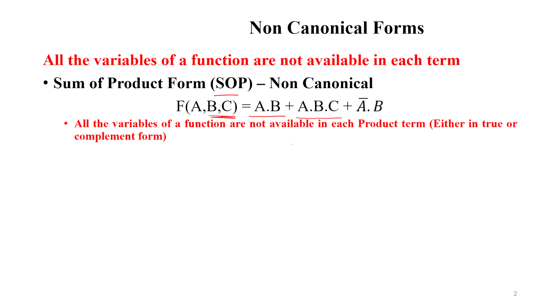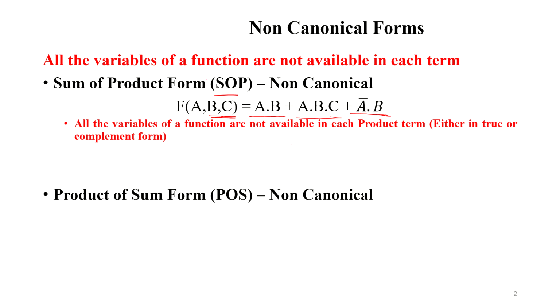In the second term we have all the variables a, b and c, and in the third term c is missing again. So if all the variables are not available in each product term, it is a non-canonical form.